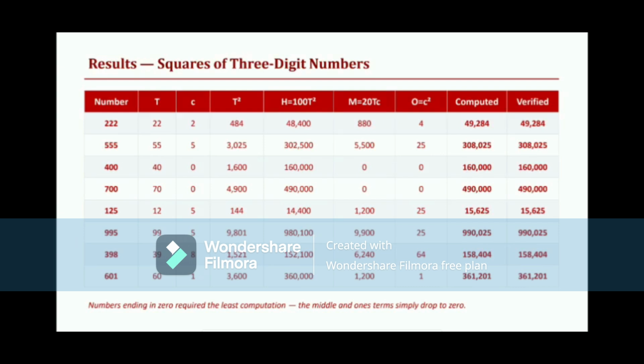From a structural perspective, numbers ending with 0, for example 40, 70, 400, 700, produce the simplest computations because the middle and ones components reduce to 0. Thus, values that feature repeating digits or end in 5 similarly ease the cognitive load.